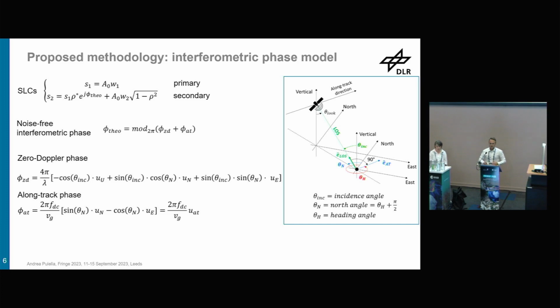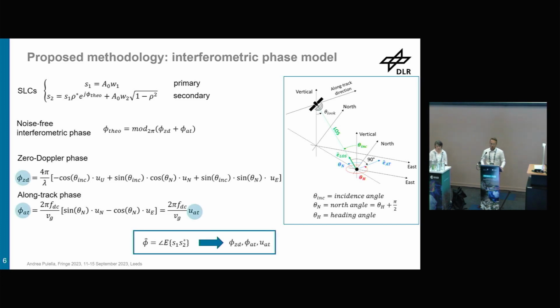This brings us to our idea of defining input and output for our network. We will start from the interferometric phase, and given this, we will try to solve two problems simultaneously: the phase source separation, splitting the phase into two contributions, zero Doppler and along-track, and at the same time giving an estimate of the along-track motion.